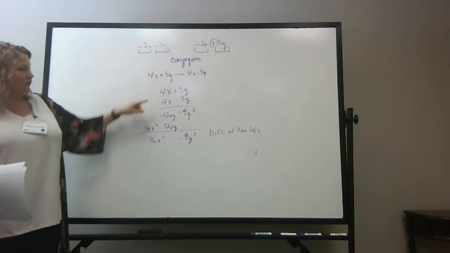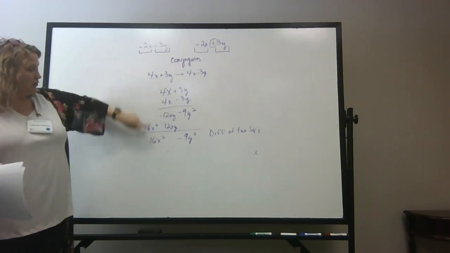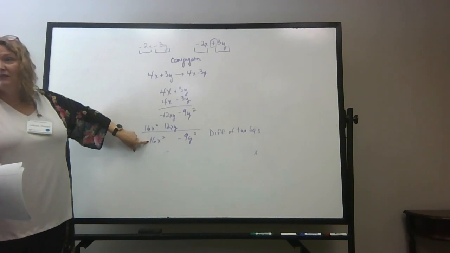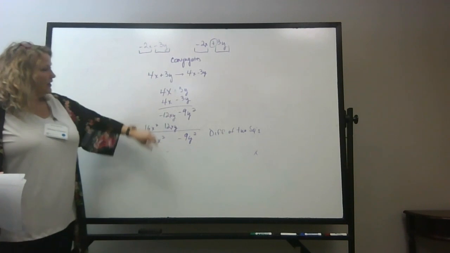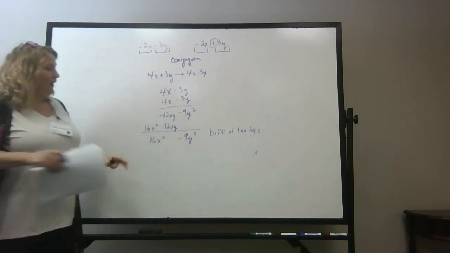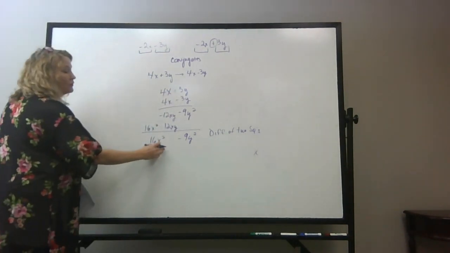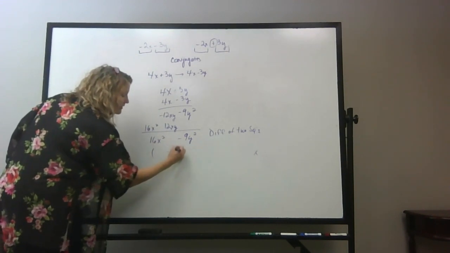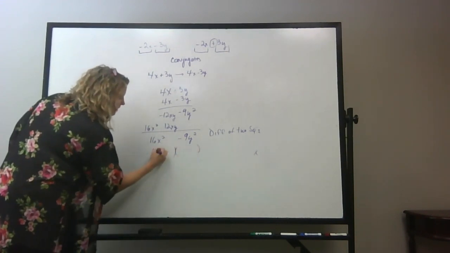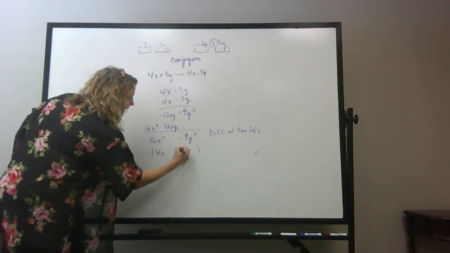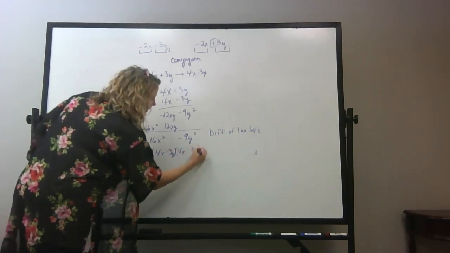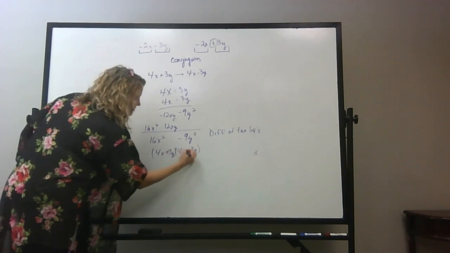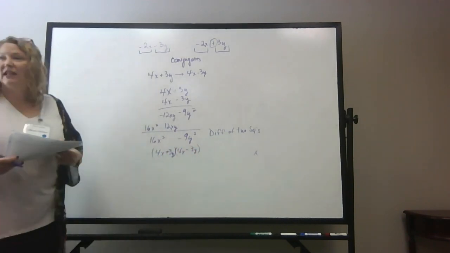These terms right here are the square root of this term, and they're conjugates. So if I'm told to factor this, it is the difference of two squares. So I have the 4x, I have the 3y, and they're going to be conjugates, so I have the positive and negative.